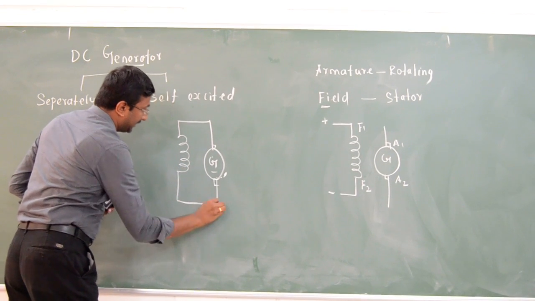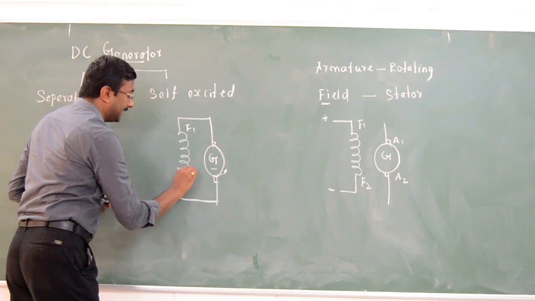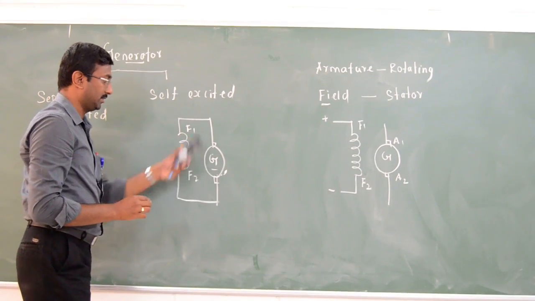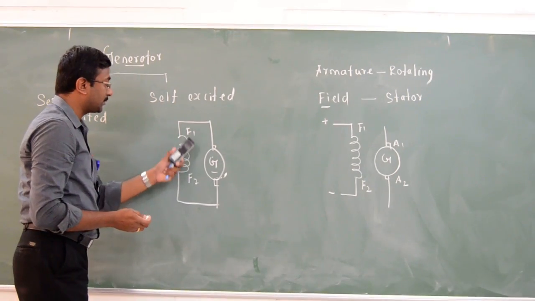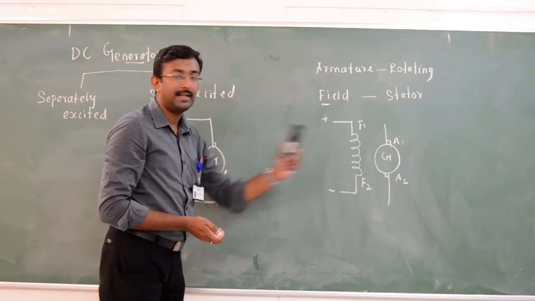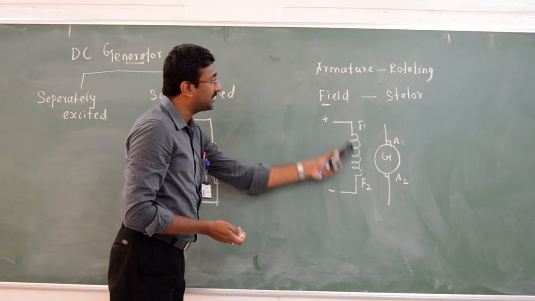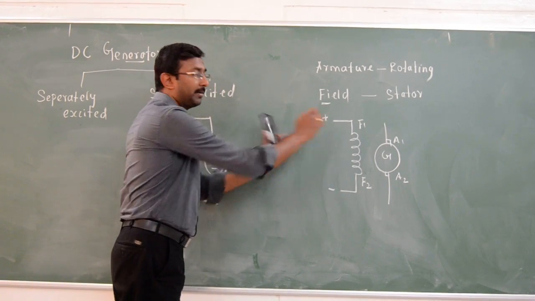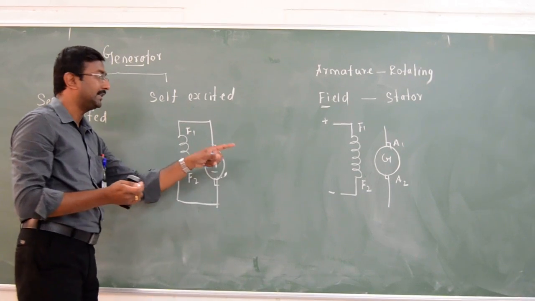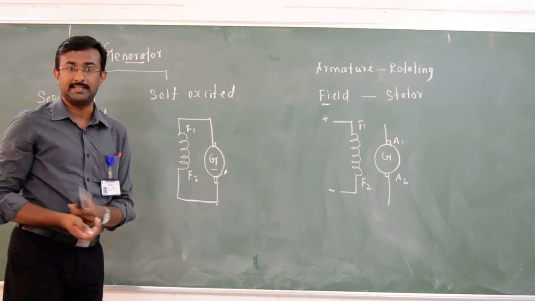It means that the field winding of a DC generator will be excited with the help of its own generator itself. That's why it is called a self-excited DC generator. But in a separately excited DC generator, the excitation to the field winding will be given with the help of an external source, right? This is the main difference between the self-excited and the separately excited DC generator, right?